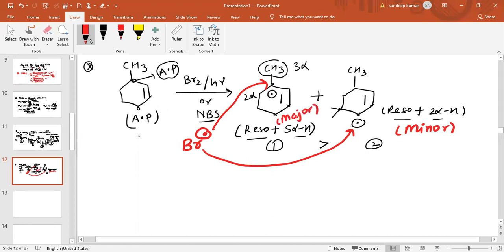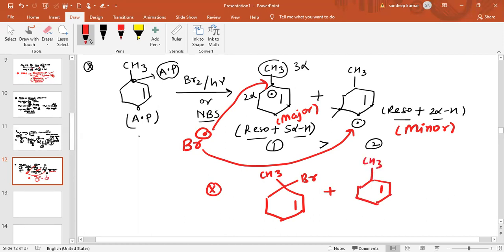So draw two products, one major and one minor. The major product obtained is like this. CH3 is already there, and bromine will attach to this part. Draw the other product, which is the double bonded carbon atom, and this is CH3, and bromine will attack at this position. So this is the minor product, and the other is the major product, because of more stability of the intermediate.